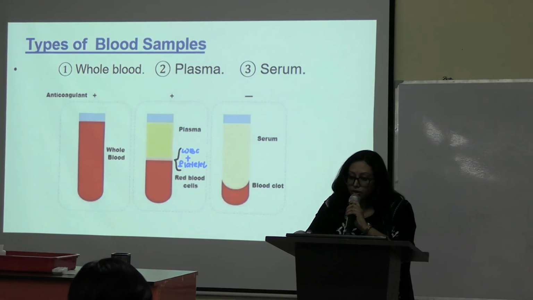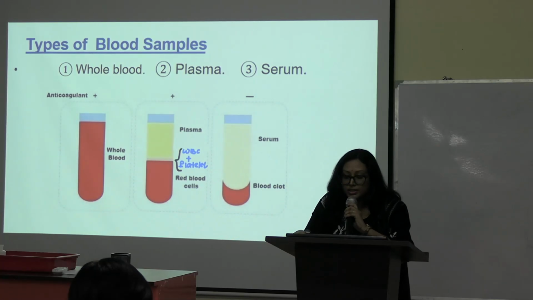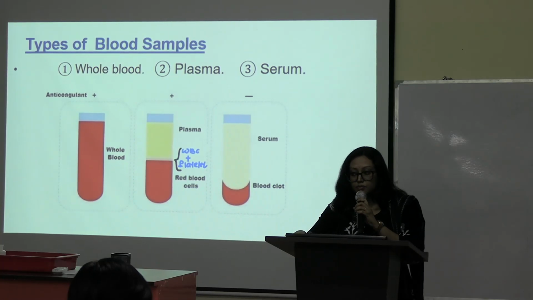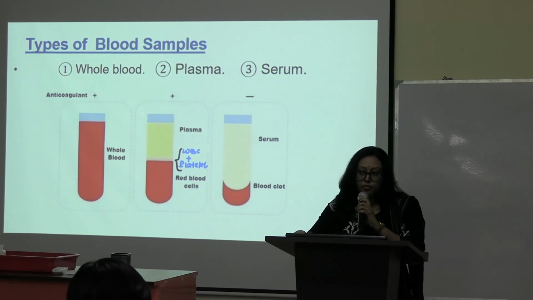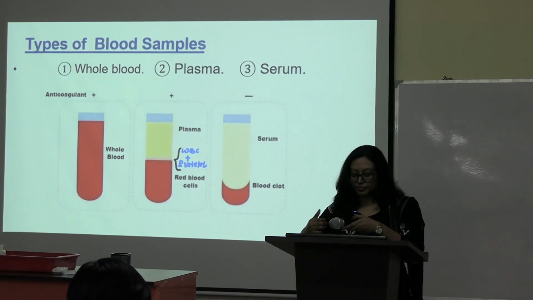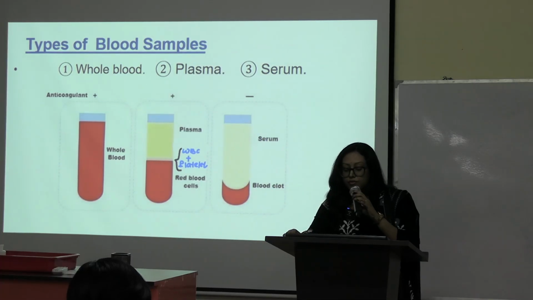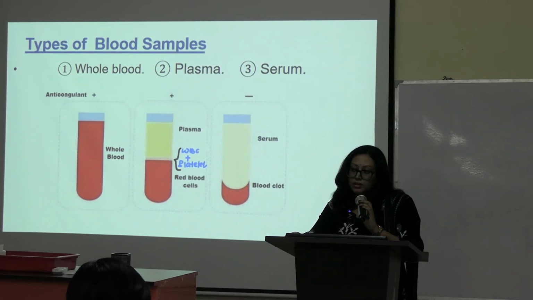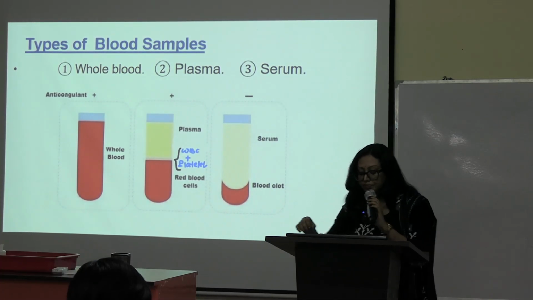Then there is something called therapeutic phlebotomy, which is done in case of polycythemia. So for that also, blood collection is needed.